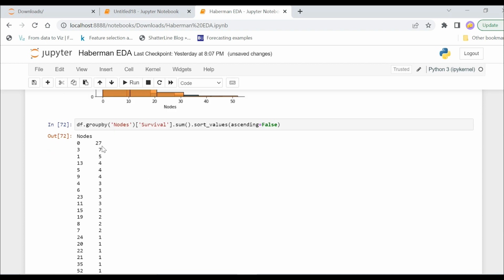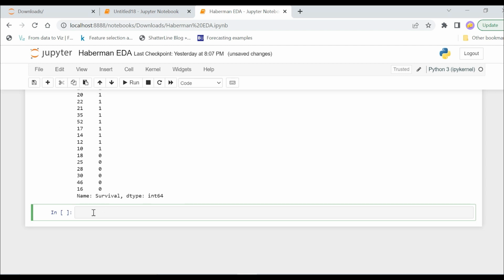So there are 27 people, but let me tell you what, df dot nodes dot value counts dot sort values, ascending equal to false.